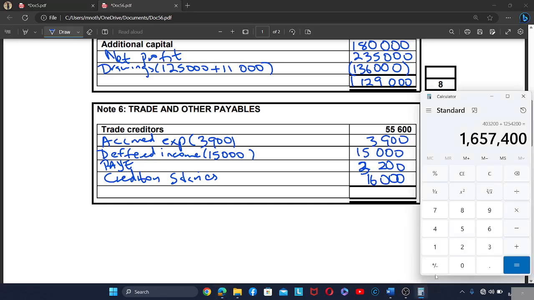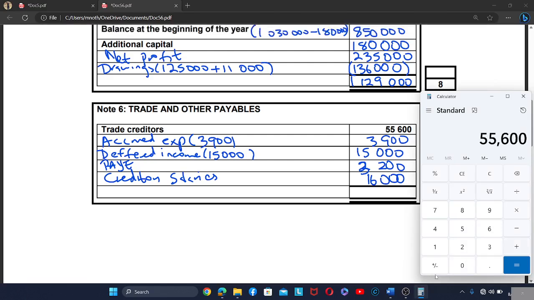So let's add this together. 15,600 plus 3.9 plus 15,000 plus 3.2 plus 16,000. This is going to be 93,700.